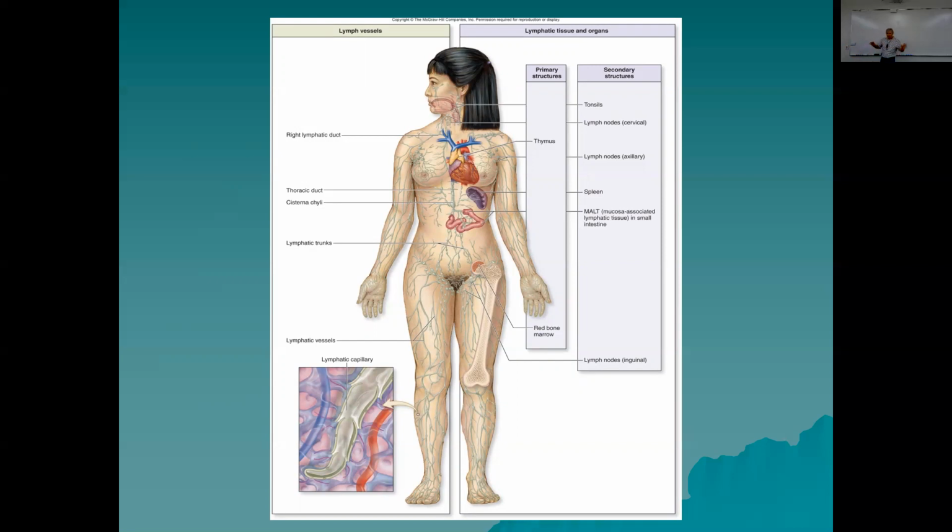These are really diverse structures. And lymph nodes are found throughout your entire body, but they're clustered in 3 areas: cervical, axillary, which are armpits, and inguinal, your groin. All right.